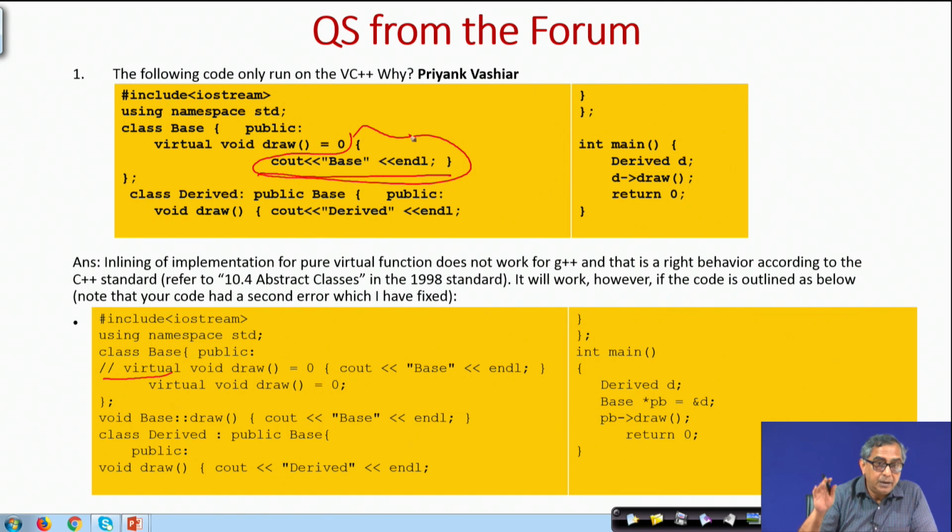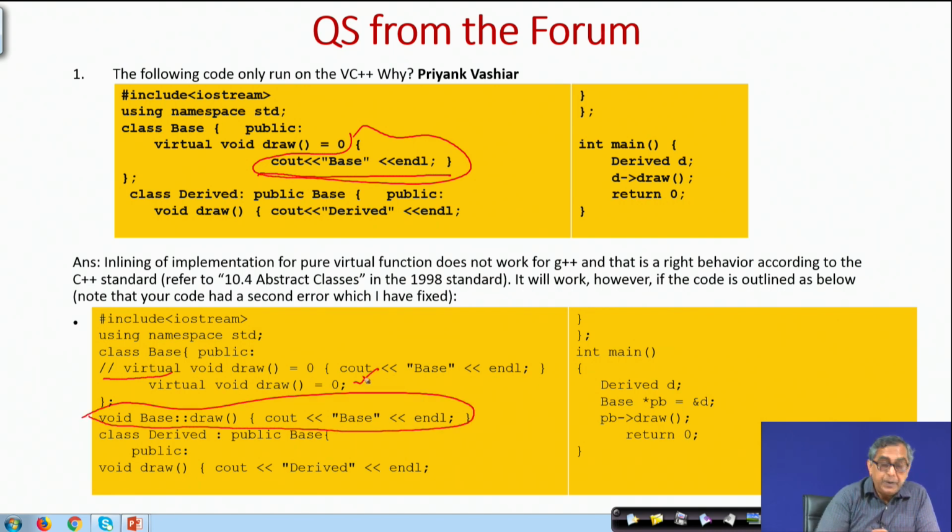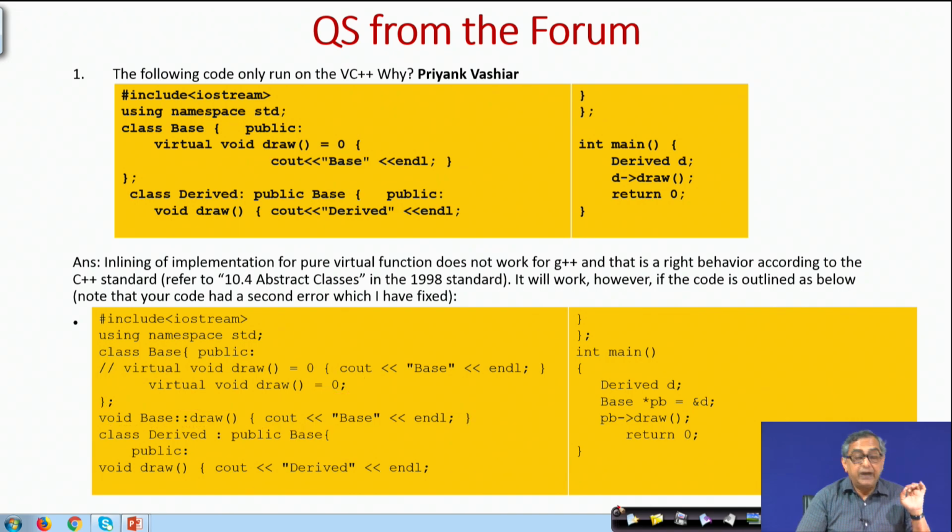Incidentally, it compiles in VC++, but that is not the standard. So, the right way to write this would be to define it as a pure virtual function within the class and outline the body of it if you want to actually provide that. So, this is a clarification that I wanted to provide to you.